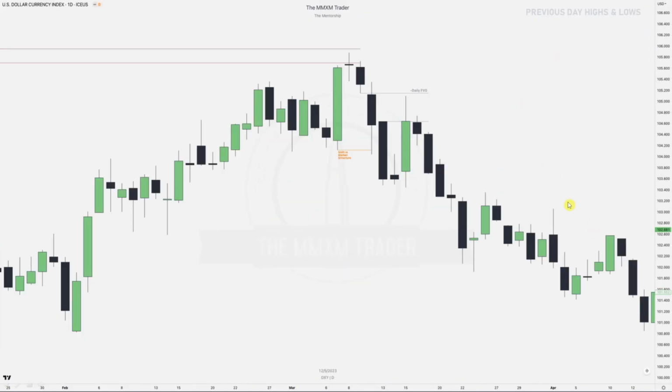Now we've got a daily chart on the DXY, or the US dollar currency index. This will be the scenario for a bearish order flow, which will target previous daily lows. Now there is a higher time frame array up here, a premium level which got hit.